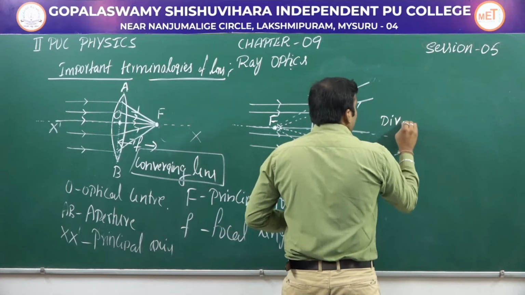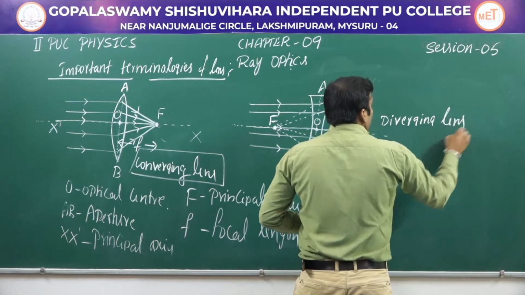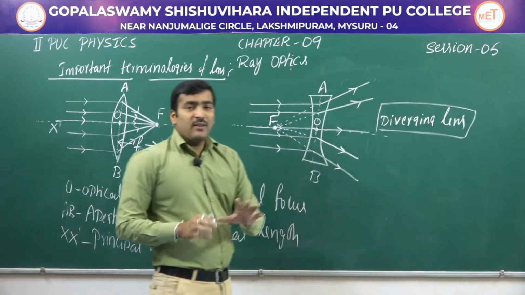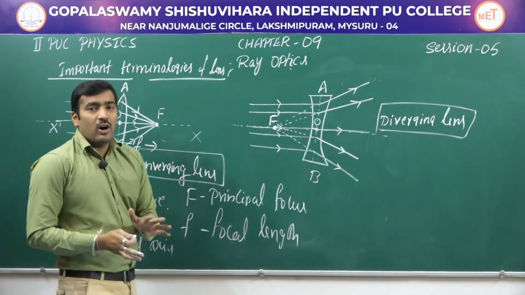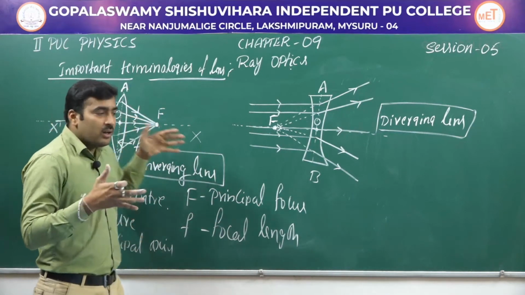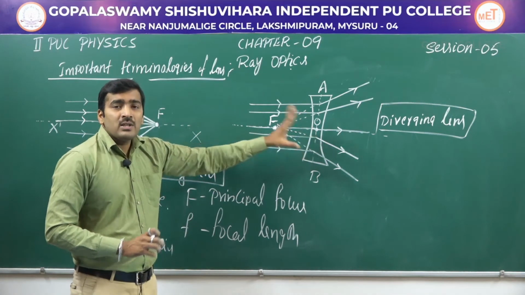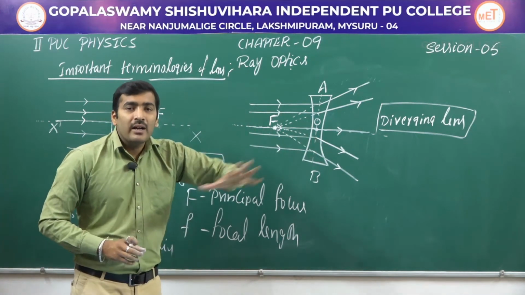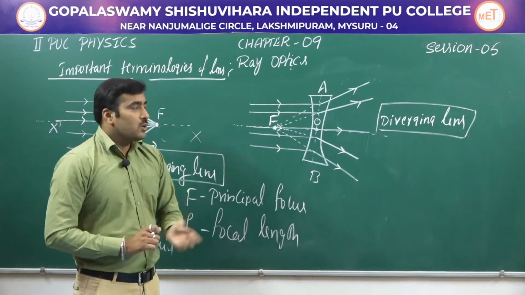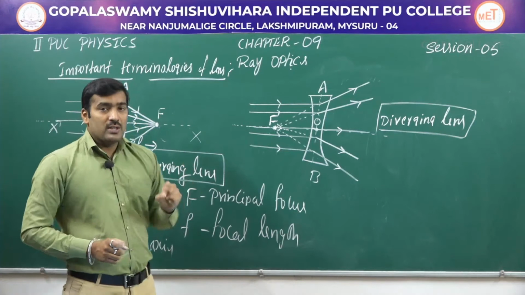This is the basic difference between the convex lens and concave lens. When a parallel beam of light is incident on a convex lens, it converges to a single point, and in the case of a concave lens, it will diverge the rays. So that is why this lens is a diverging lens, and this lens is a converging lens.